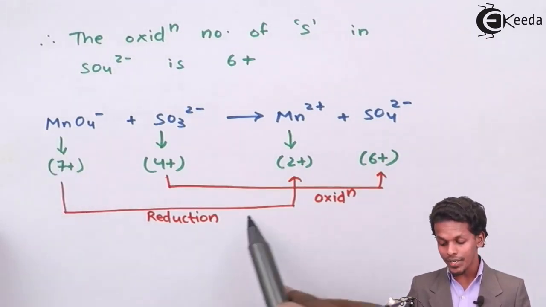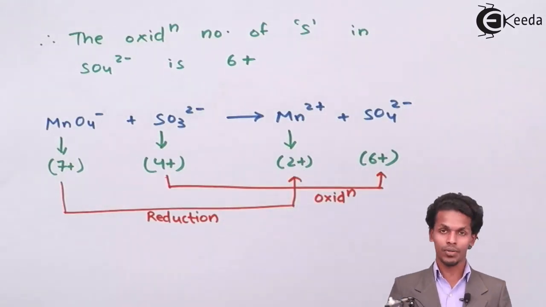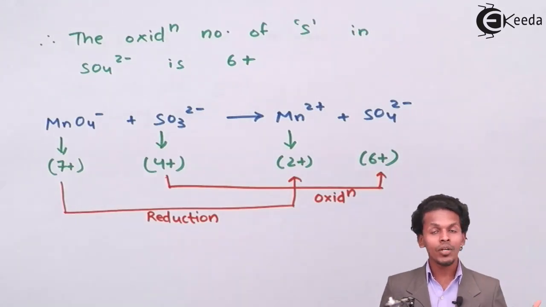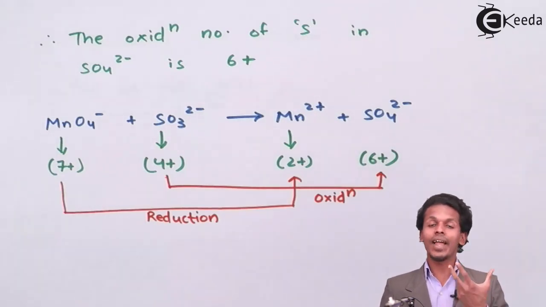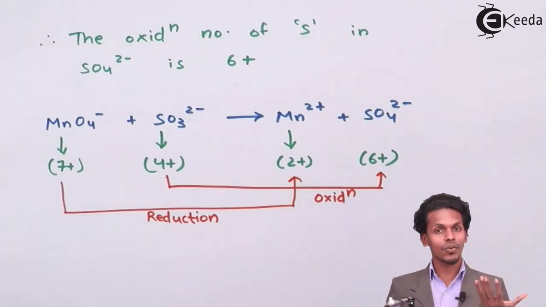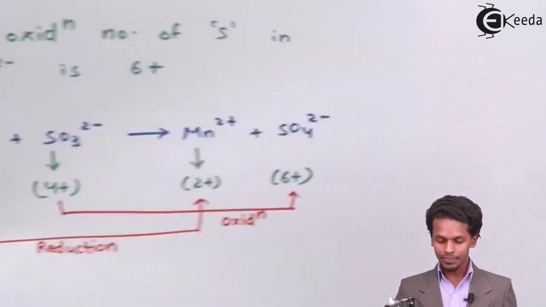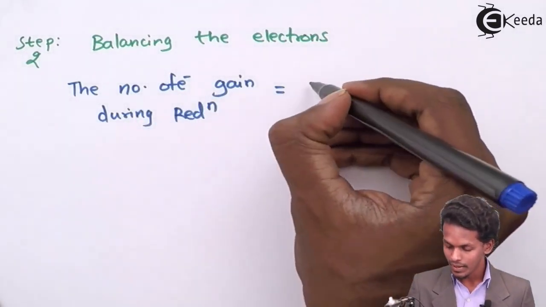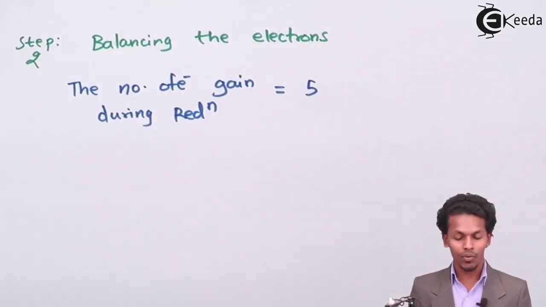So 7 plus can be converted into 2 plus only if it accepts 5 electrons. Those 5 electrons will cancel out the positive charge, that is 7 plus, and what we are left with is 2 plus charge. So the number of electrons gained during the reduction process will be 5.